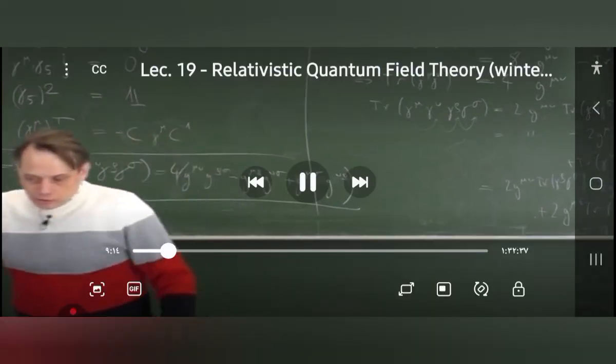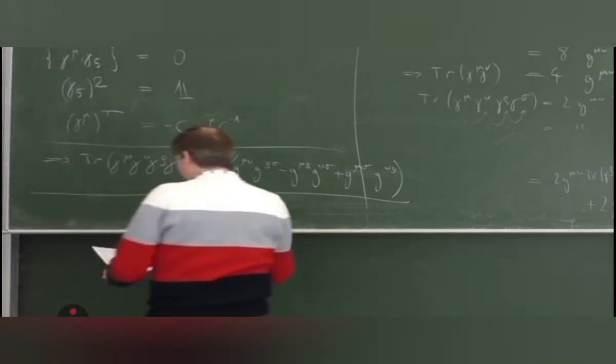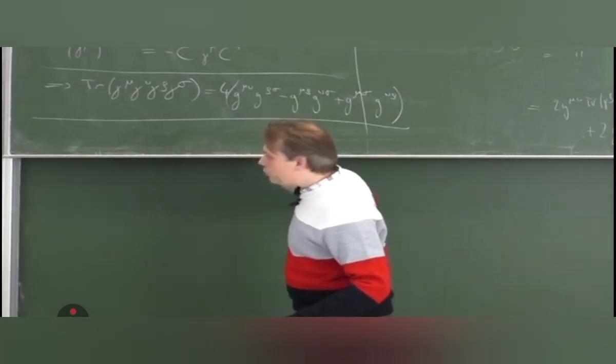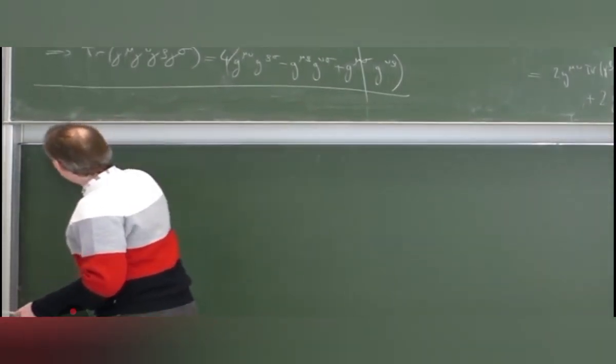And in this way you can get an algorithm with which you can compute all traces. Having this in mind, let me just summarize with not so many comments anymore the most important traces.